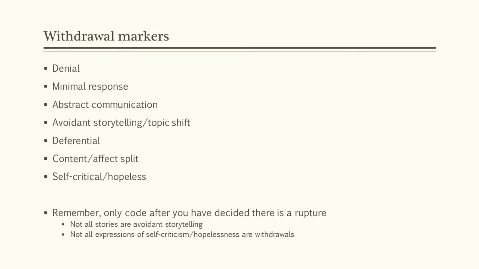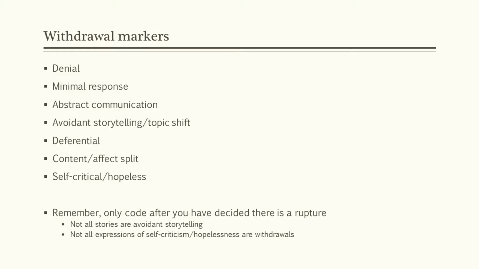Avoidant storytelling and shifting the topic. So the avoidant storytelling is when the patient tells a story in an effort to avoid the work of therapy by going off on a tangent or moving away from the task at hand. It's important to note, and I say this at the bottom of the slide, not all stories are avoidant. So it's not that anytime the patient tells a story you code this, but it's when the patient is telling the story in order to avoid.